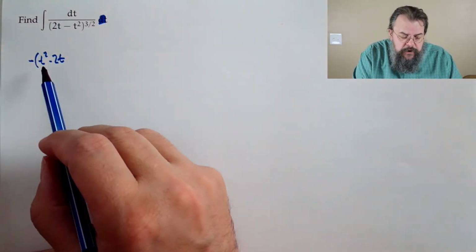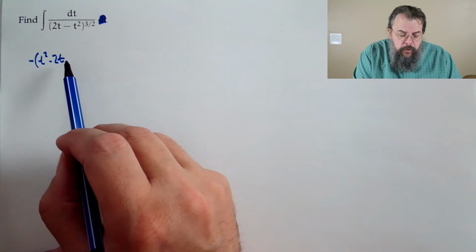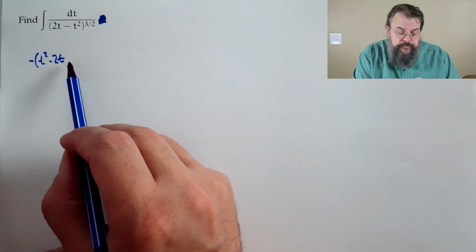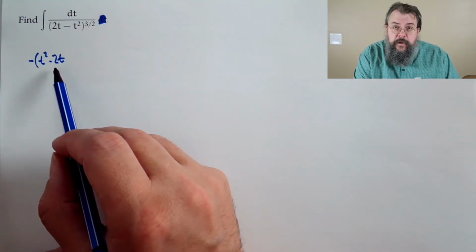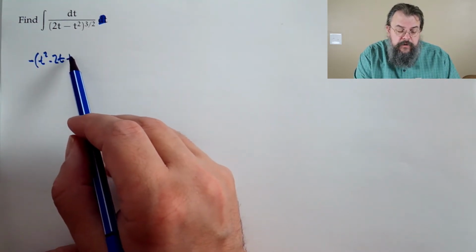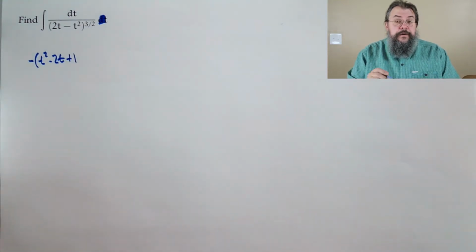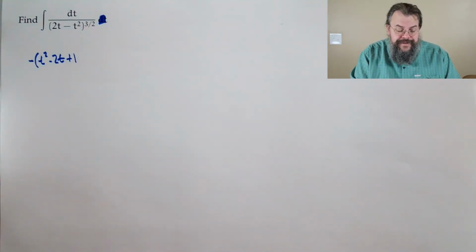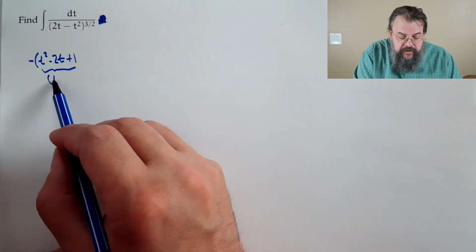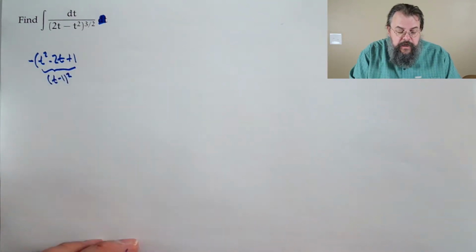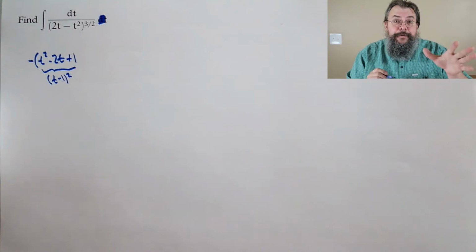Okay, so now according to complete the square, what would we need to add there? Well, divide the middle term by 2 and then square it. So we need to add 1. And now we're like, oh, this part is nice. That's t minus 1 squared. But we got to be careful. We added 1.